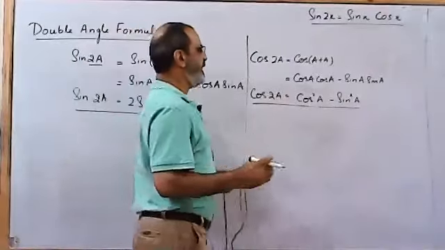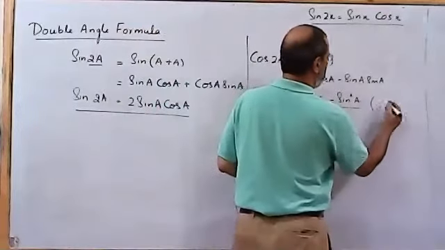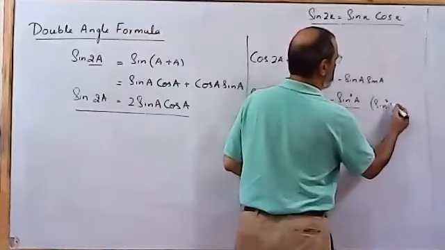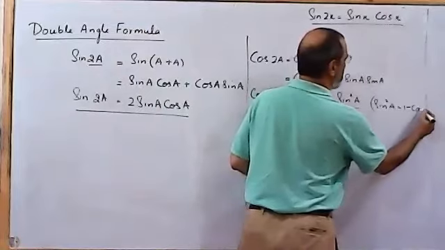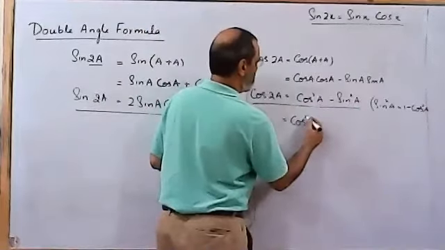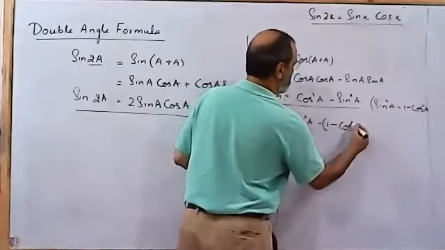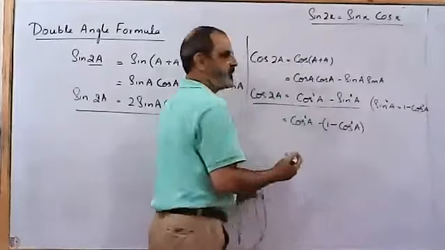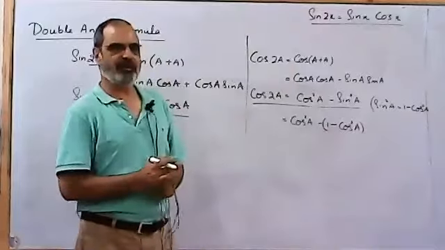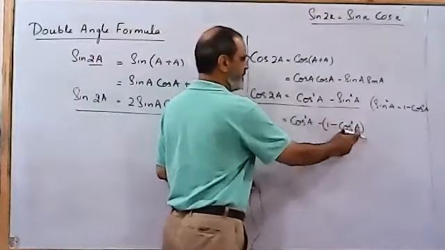Similarly, if I replace sine square A by 1 minus cos square A, using the identity sine square A is equal to 1 minus cos square A, I'll get cos square A minus (1 minus cos square A).